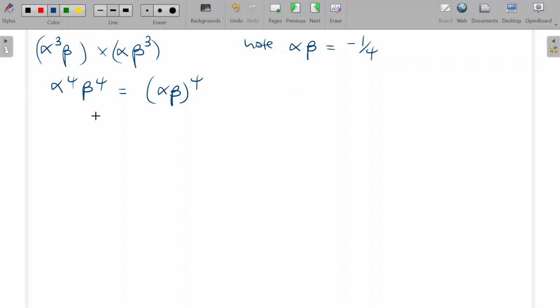So hence, this is equal to negative 1 over 4 to the power 4, which is just 1 over 16. And that will be your product.